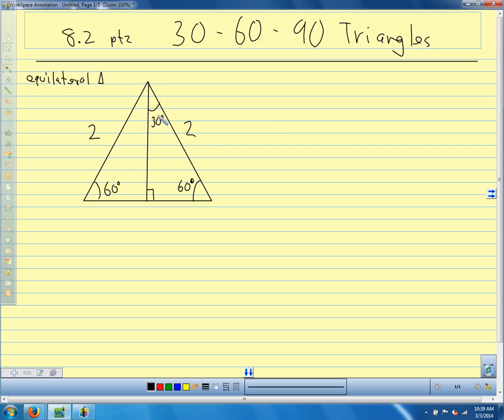So this altitude bisects this angle. What does it do to this side? Cuts it in half. So if this side is 2, this piece of it is 1. Now for this 30, 60, 90 triangle, the way I'm going to label the sides is 2 is the hypotenuse. I'm going to call the side across from the 30-degree angle, the smallest angle, the short side.